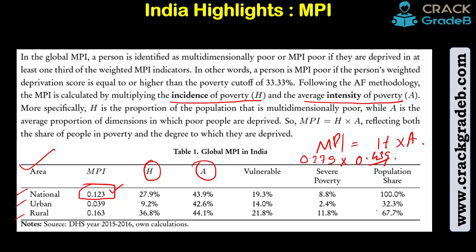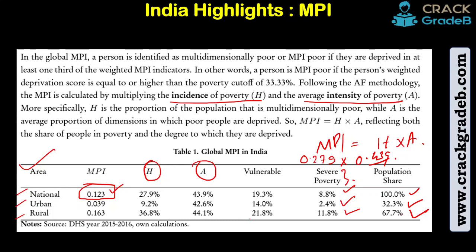So you see, the rural population is 67.7%, the urban is 32.3%, and national is 100%, covering both. Okay, how many people live in severe poverty? In rural areas, 11.8% are in severe poverty, in urban it's 2.4%, and nationally it becomes 8.8%.